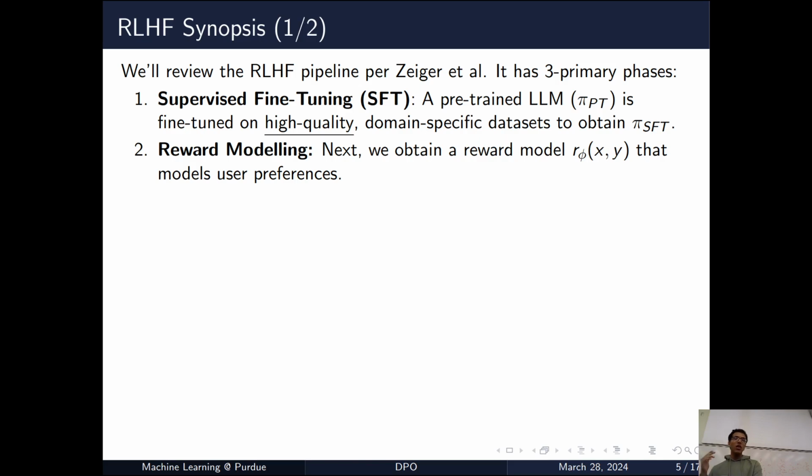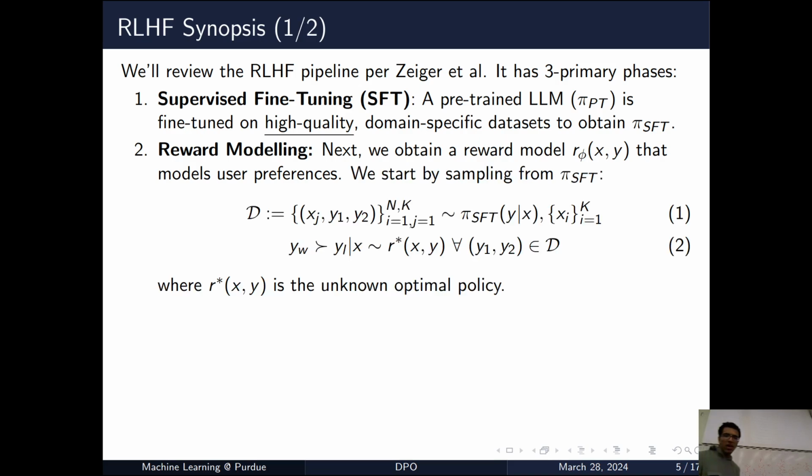Next is the reward modeling phase, where we create a reward r parameterized by phi, of x comma y, that models user preferences. X is the input, y is the output. So we set up a dataset with x sub i, y1 and y2 for n samples.